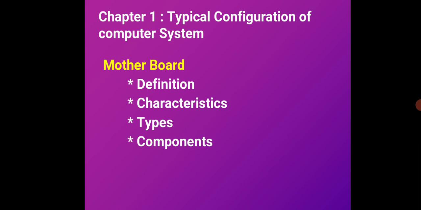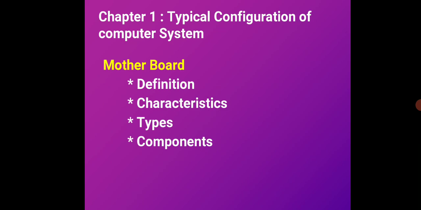Coming to chapter number 1, Typical Configuration of Computer System. Here you can study the motherboard: definition of motherboard, characteristics, form factor, chipset, processor circuit, and types of motherboard: XT motherboard, AT motherboard, baby AT motherboard, and ATX motherboard.